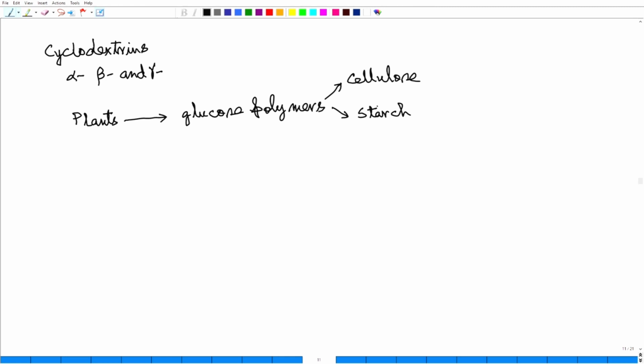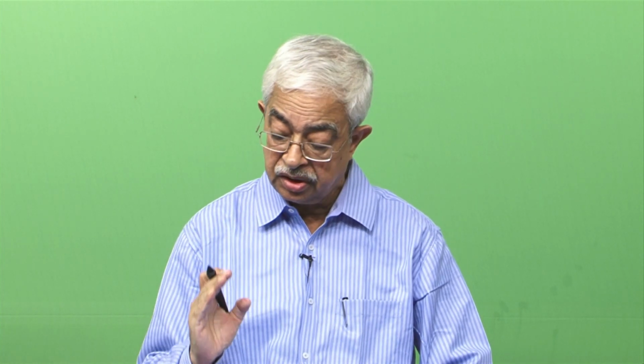Now, cellulose is an insoluble material that is used as a resistant, structure-forming component in the cell. Like in a tree, the outer part is made of cellulose.